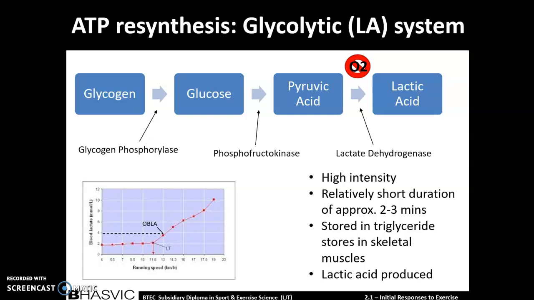And then from glucose, it's broken down into pyruvic acid, and that is done by the enzyme known as phosphofructokinase. And then the pyruvic acid, as there is no oxygen present or not enough oxygen present, is then transferred into lactic acid through the enzyme lactate dehydrogenase.